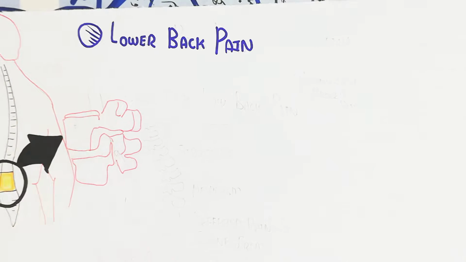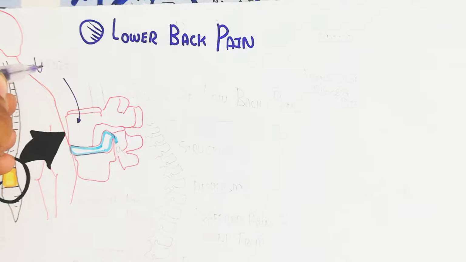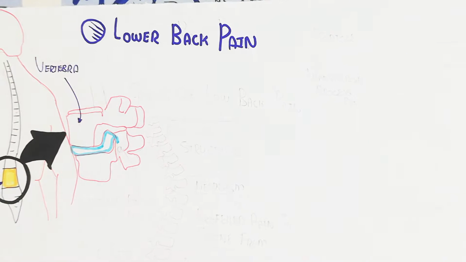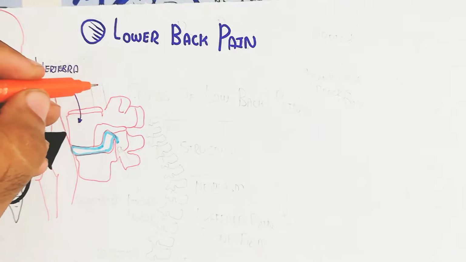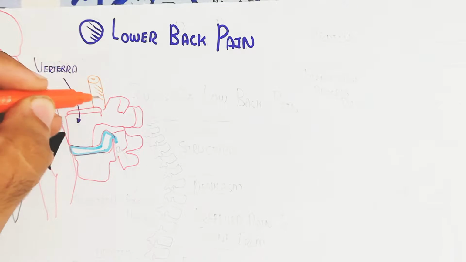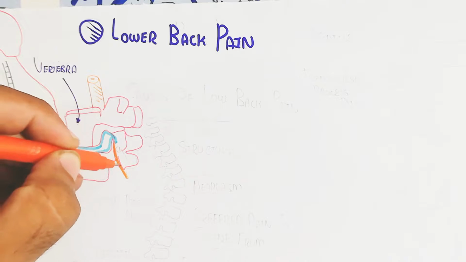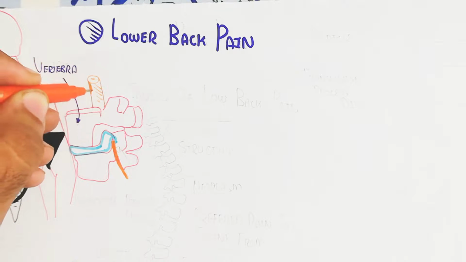First, here is the central nervous system, which contains the brain and spinal cord, while the peripheral nervous system means the neurons arising from the central nervous system, like the spinal cord.